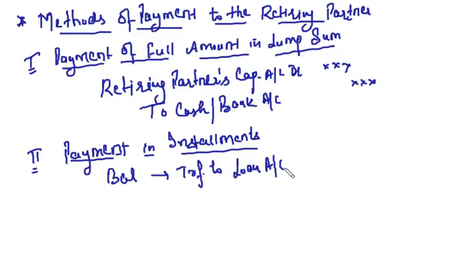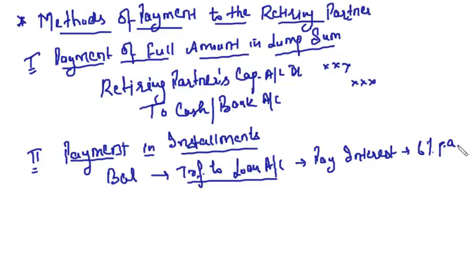Whose loan account? Retiring partner's loan account. They will consider that amount as loan taken from the retiring partner, and on this loan they say we will pay interest. How much is the rate of interest? Unless otherwise agreed, it will be paid at 6% per annum. Clear?